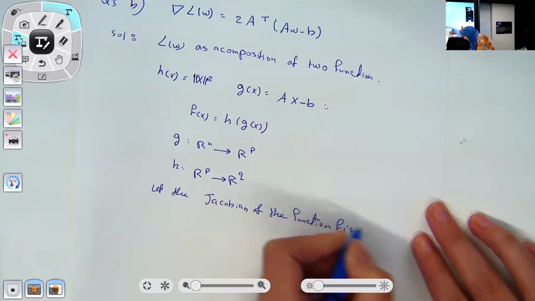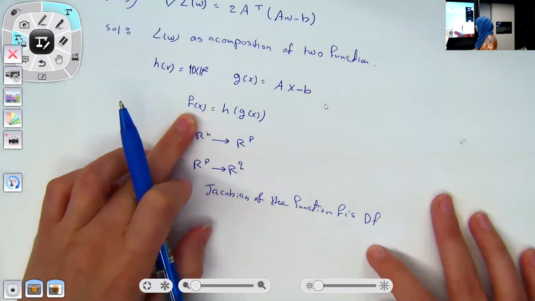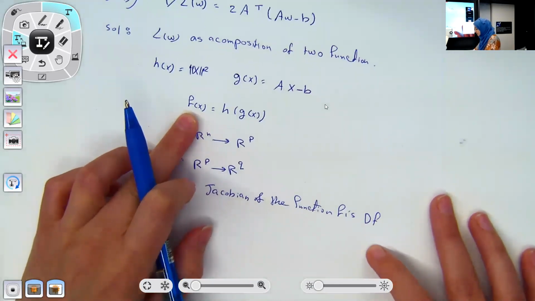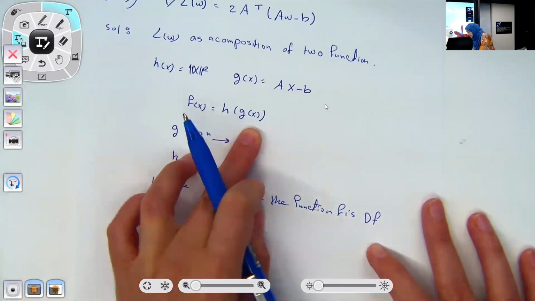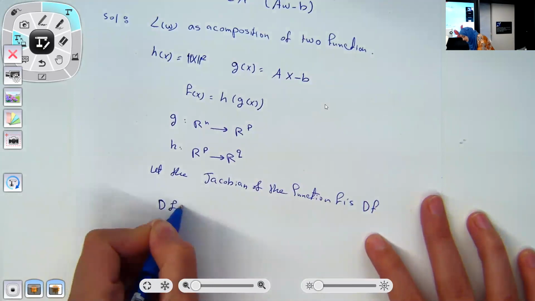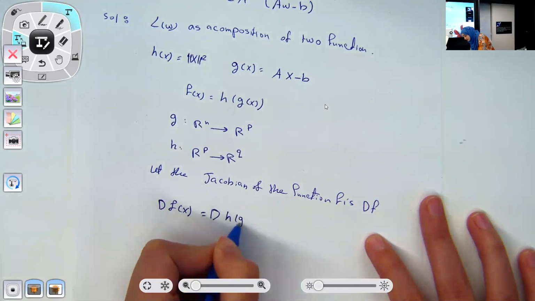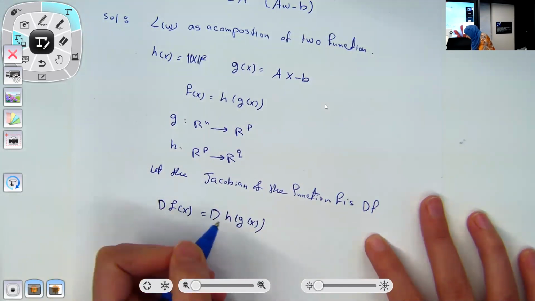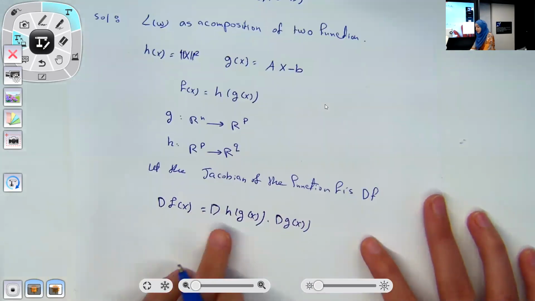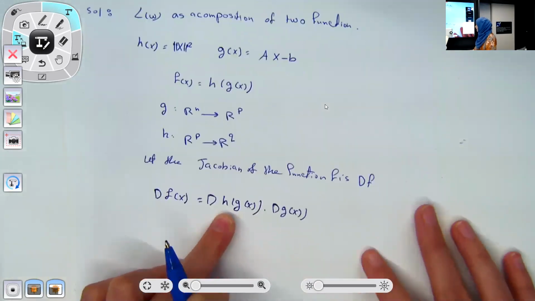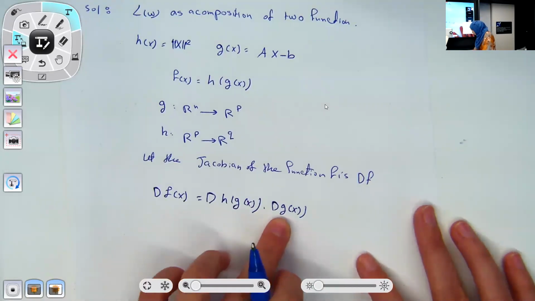So to find df, the Jacobian here, we can find the Jacobian of this function by using h and g. So we can write it as df of x equals d of h of g of x. We need to use the chain rule, multiplied with d of g of x. So we need to find the Jacobian for h of g of x times the Jacobian of g of x.